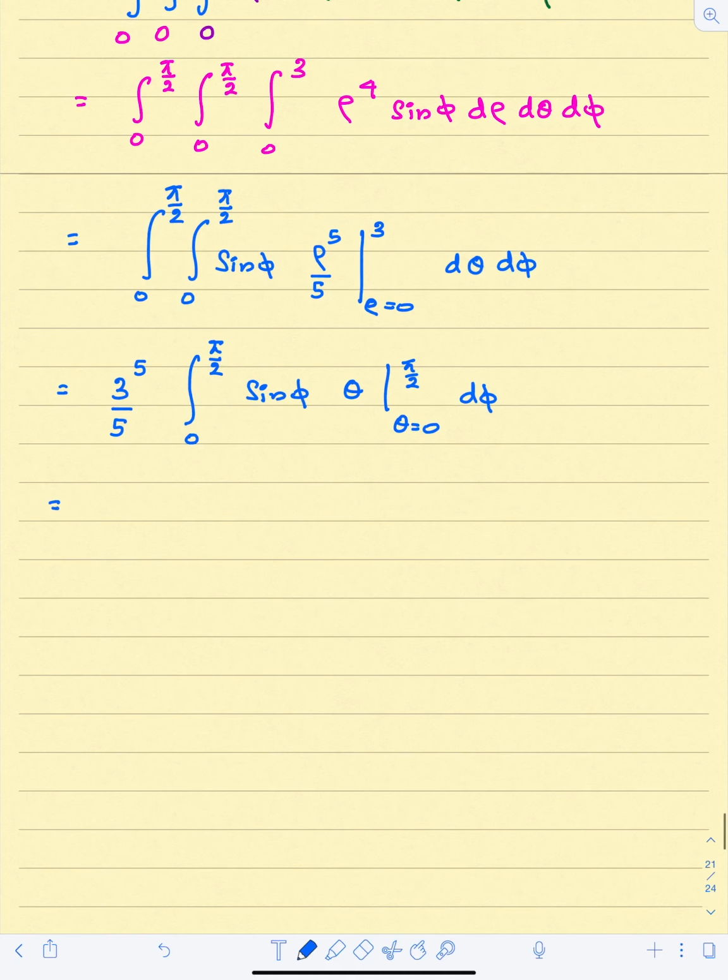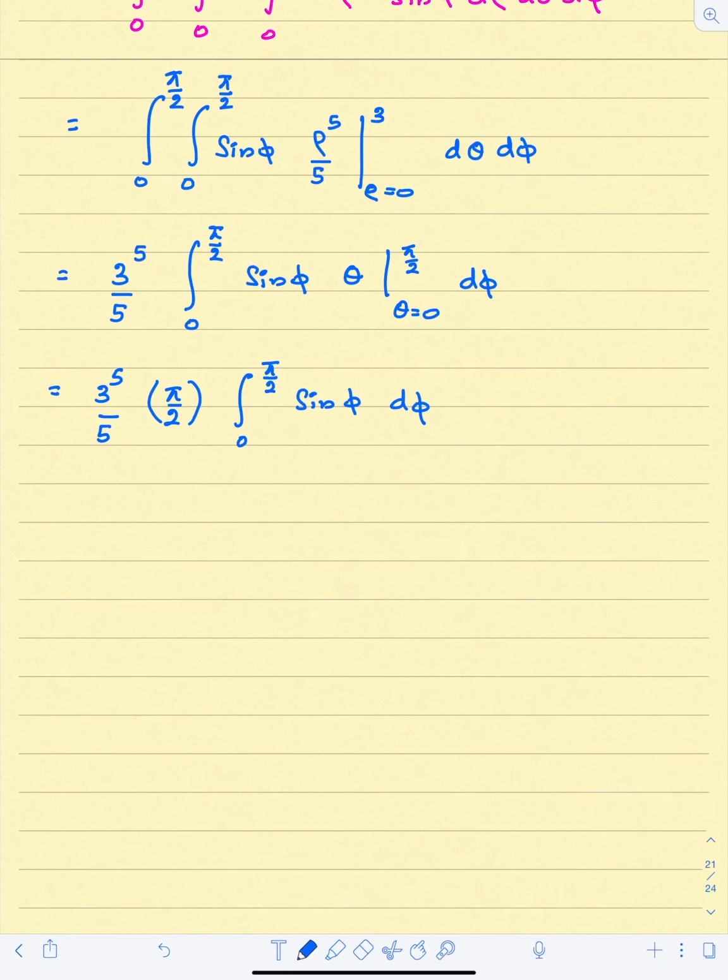If we apply the limit, you should get pi over 2. And finally you have this integral, sine phi d phi. The integral of sine phi is minus cosine phi. The lower limit of phi is 0, upper limit of phi is pi over 2.